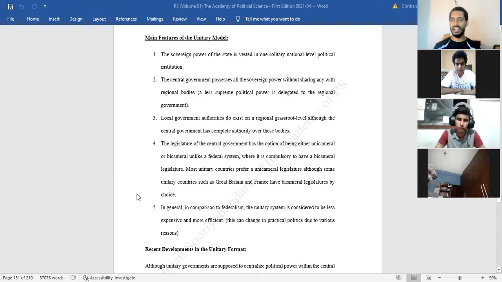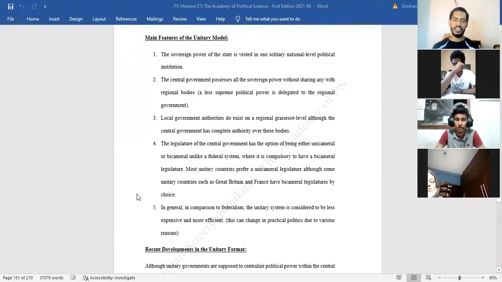A country like Sri Lanka, being unitary, is still inefficient and still expensive, because for that one government we spend a lot of money. For every minister you have to buy a bulletproof vehicle. You get them like four bulletproof vehicles and pay their staff and all that.